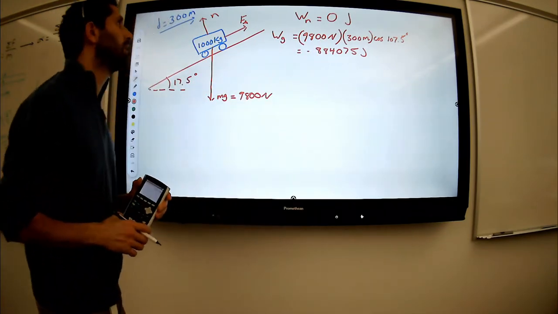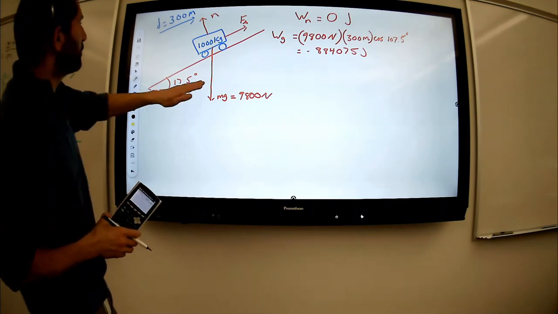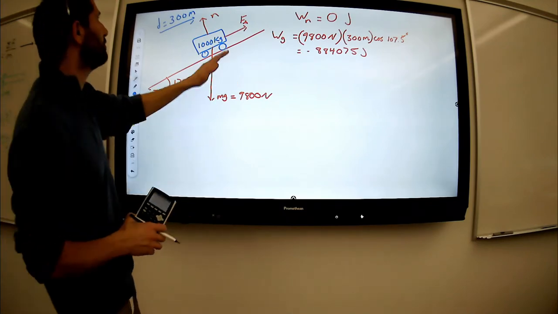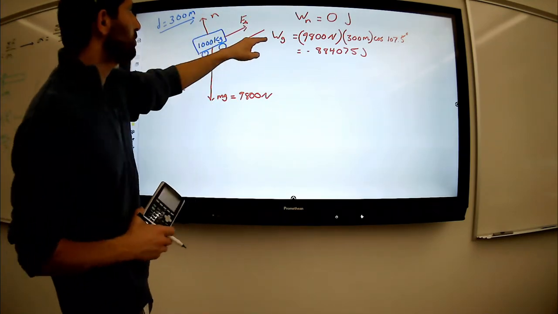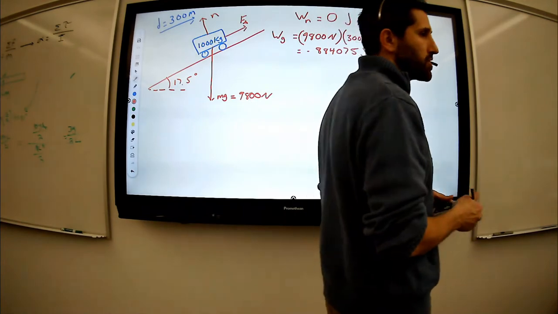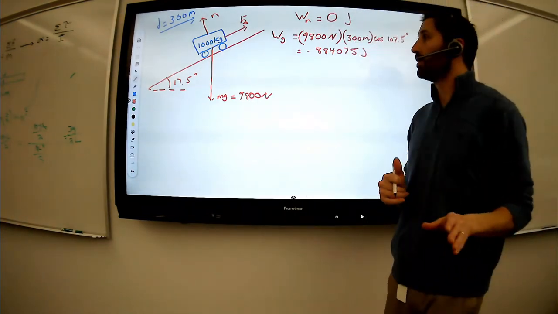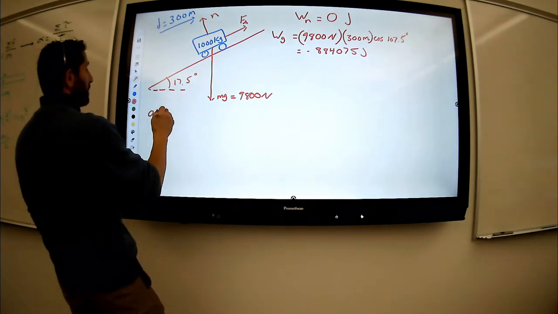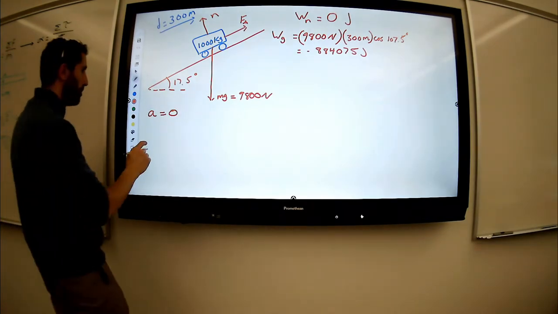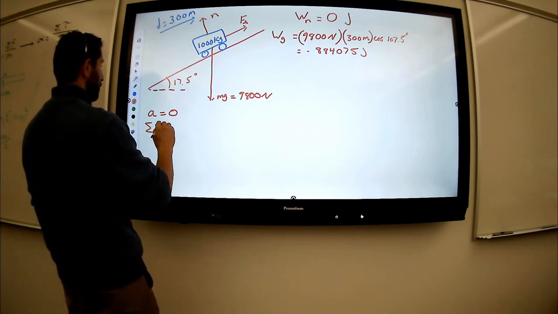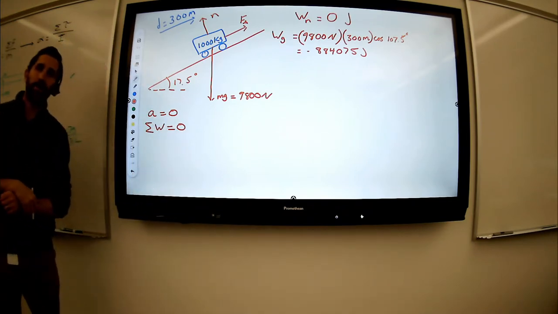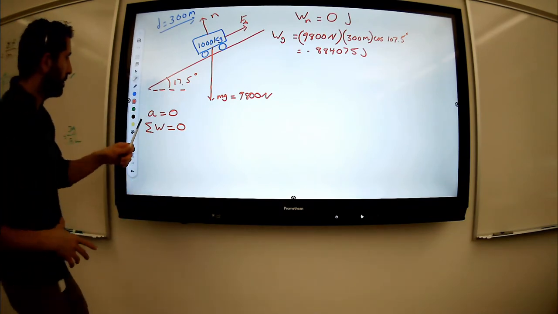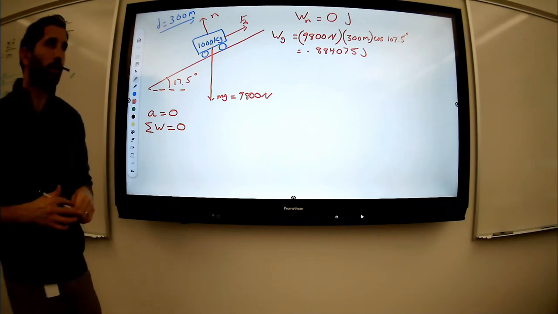All right, now, here's the thing. There are 3 forces in this picture: weight, applied force, normal force. We already took care of the normal force. We already took care of gravity. The problem said, what is the minimum work required? Well, if it's the minimum work required, that means no acceleration. And if you remember, that means the total amount of work has to add to 0. Anytime we see that no acceleration or minimum work required phrase, we know all the works together add up to 0.